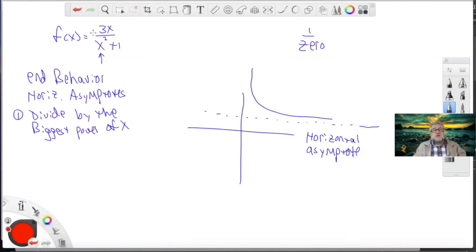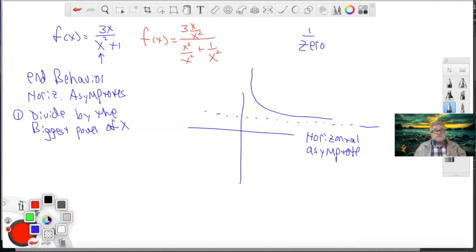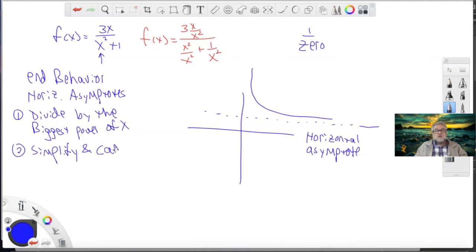So I'm going to take this, biggest power of x is x squared. So I'm going to write it as 3x over x squared, over x squared over x squared, plus 1 over x squared. Okay? Step 2. Simplify and cancel wherever possible.